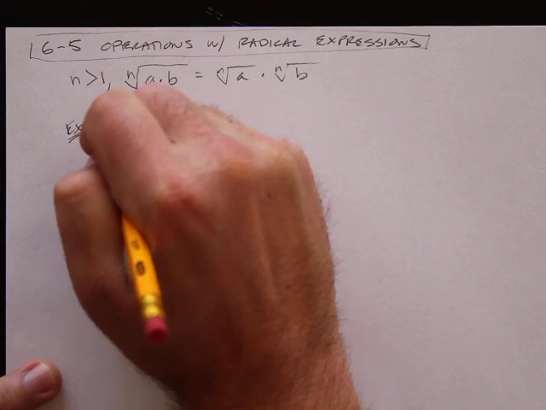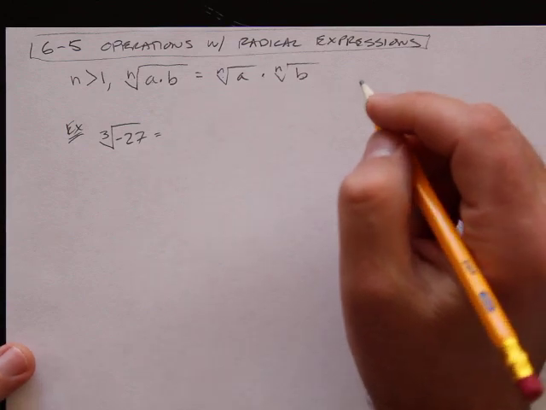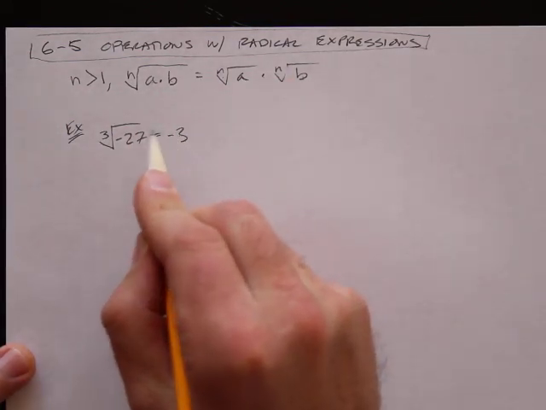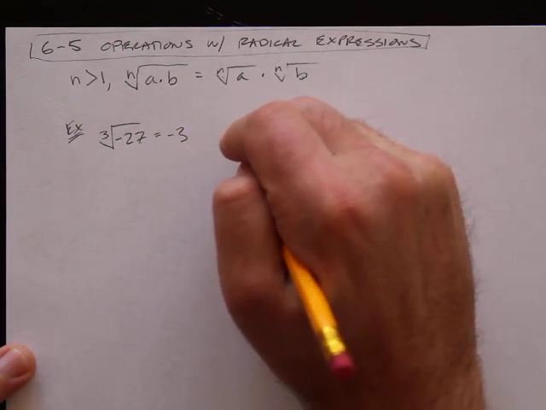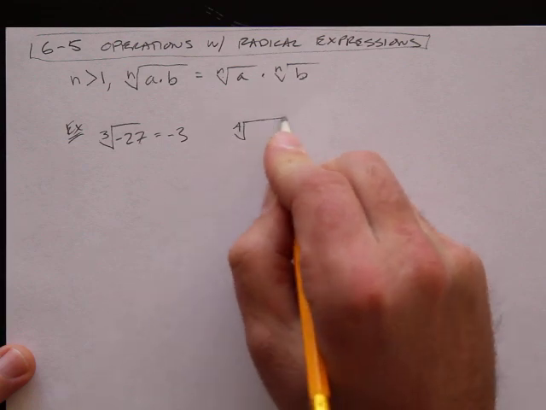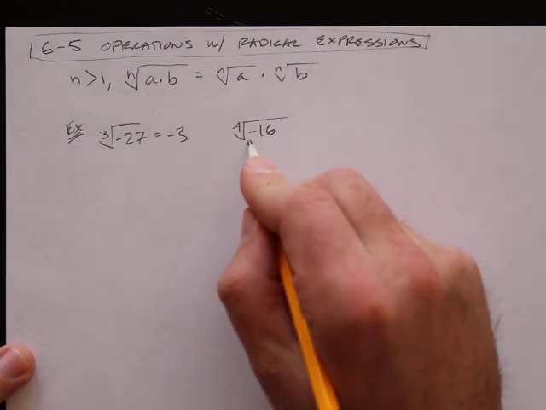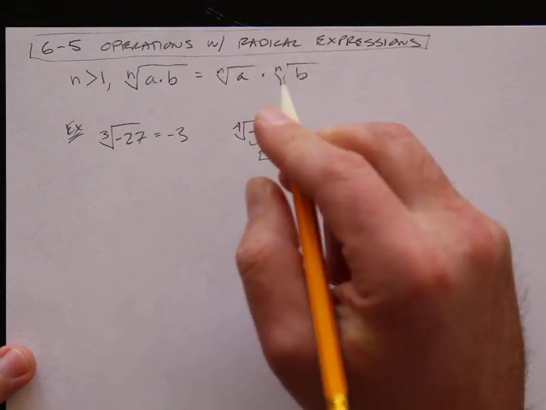The third root of negative 27 equals negative 3, right? Because negative 3 times negative 3 times negative 3 is negative 27. Now, the fourth root, though, of negative 16, this number needs to be positive.